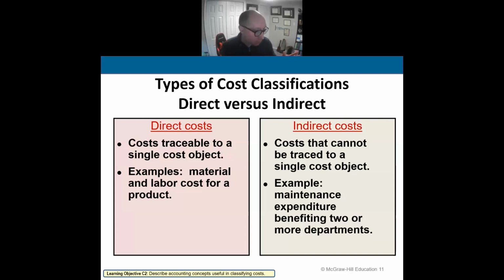We go back to the example of the auto manufacturer. My direct costs are the direct labor and the direct materials. We call these direct costs because they make up the majority of the cost of the product.